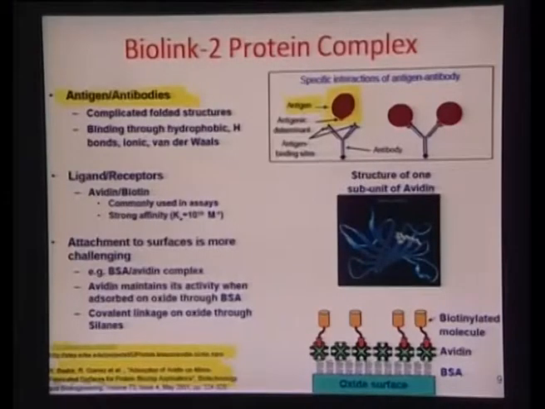Antigens could be some infecting pathogen cells, etc. Here, this balloon-like feature is the antigen, and you have these two lighter chain moieties and the heavier chain, the stem of the Y.